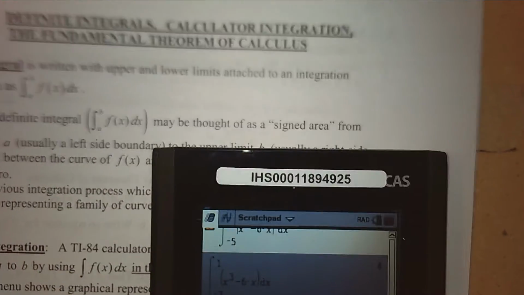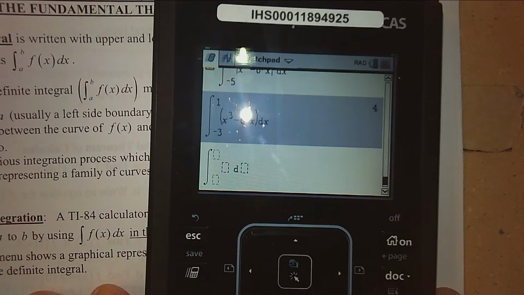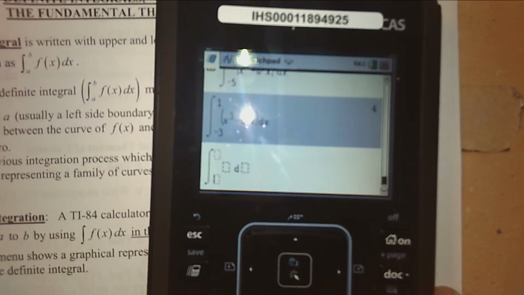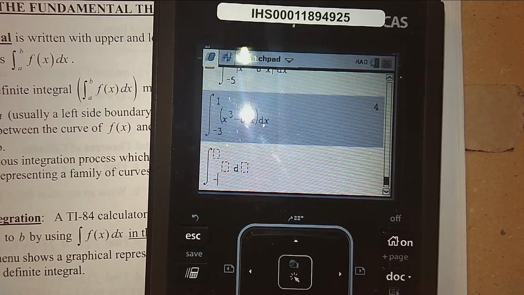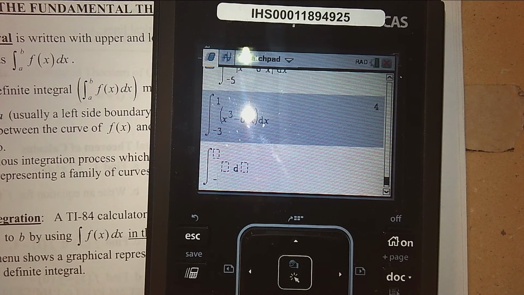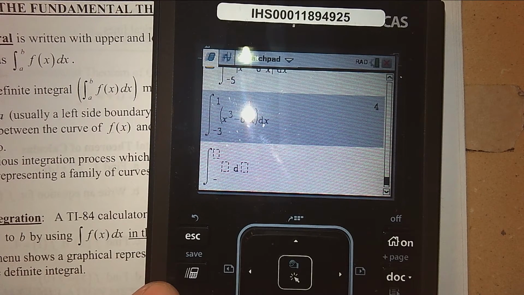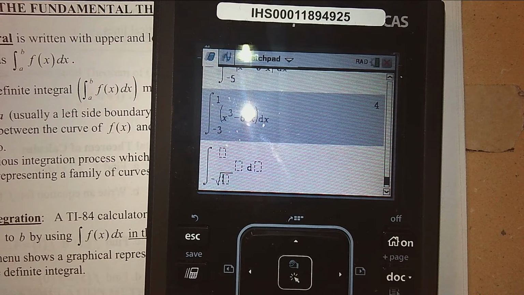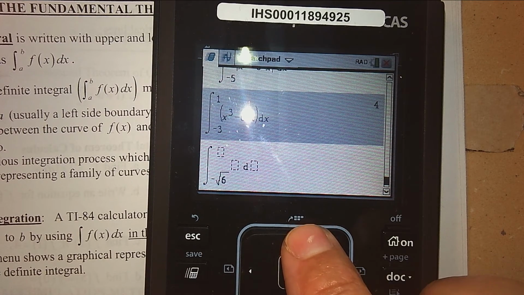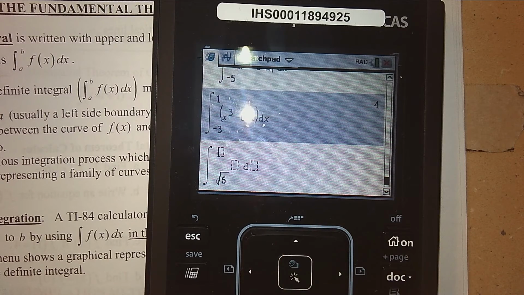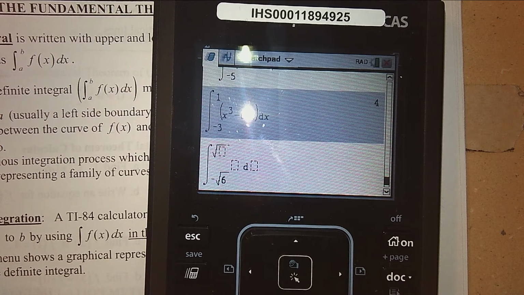Can you fill in again? The bottom. So in this case, the bottom is negative root x. The square root is right above the x squared. So control x squared is the square root. That's 6.